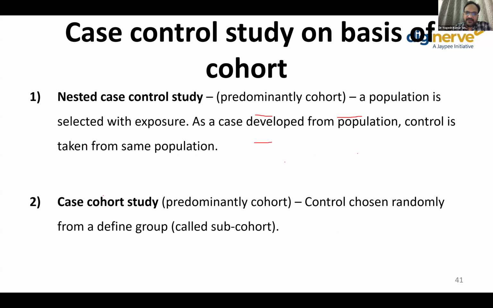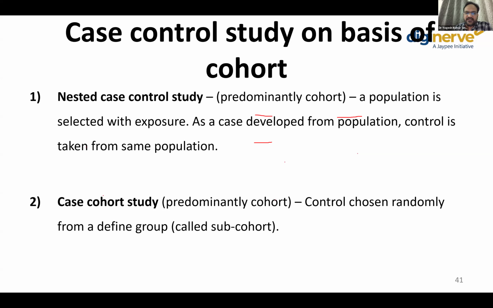So initially we select a population, and as cases develop from that population, we take controls from that same population. It is a cohort study, but we are taking one case and one control, so it is a case control too. But predominantly it is a cohort study: nested case control. The second one is the case cohort study.